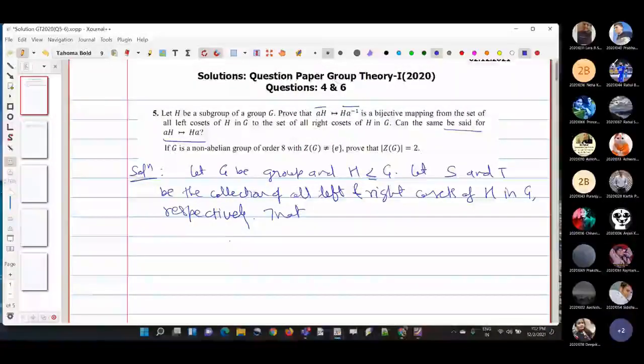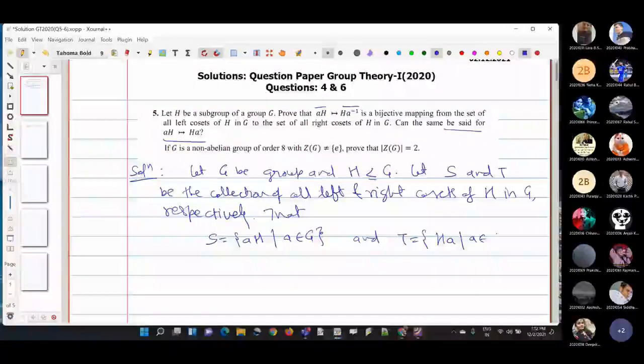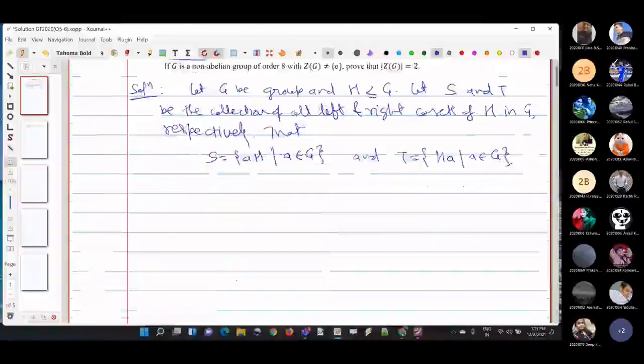That is, S is the collection of all left cosets aH for a belonging to the group G, and T is the collection of all right cosets Ha for a belonging to G. Now we can define the map from left to right cosets.